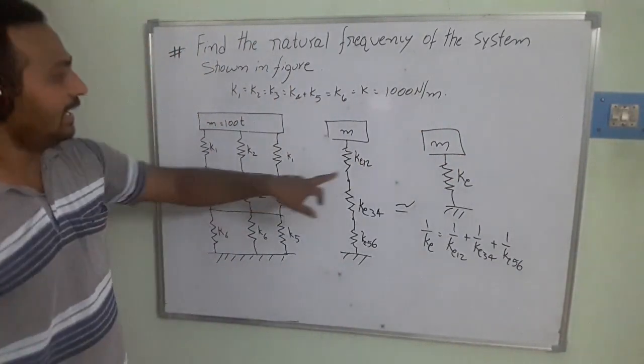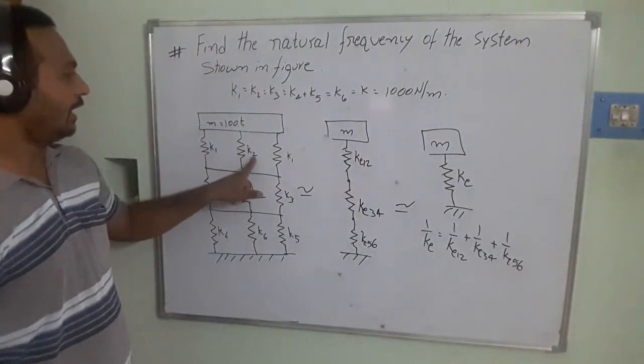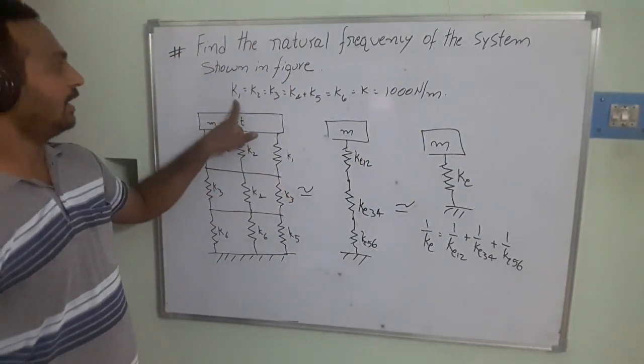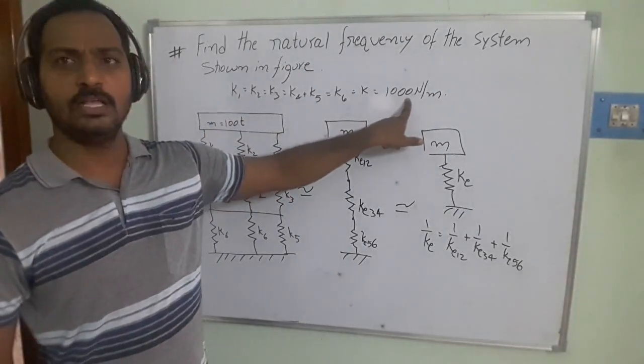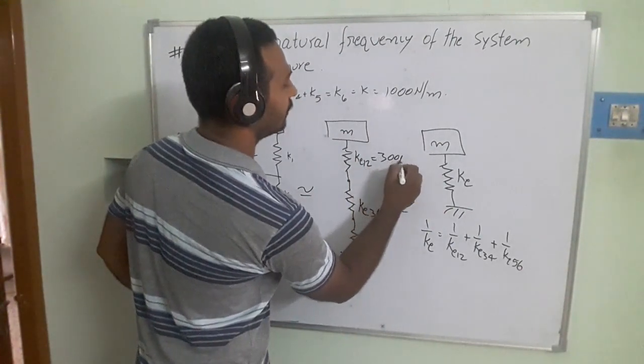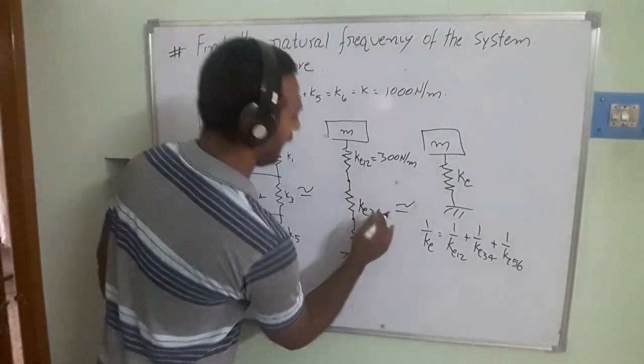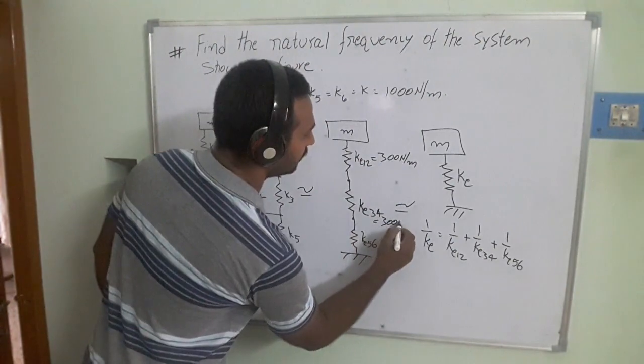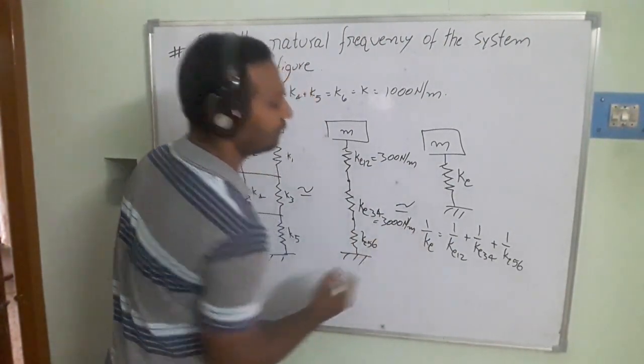And then what is the KE 1, 2 value? K1, K2 and K1 are 1000 Newton per meter each, and this is equal to 3000 Newton per meter, and this is also 3000 Newton per meter, right?